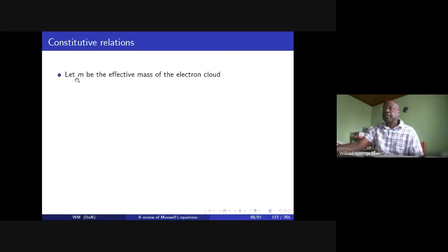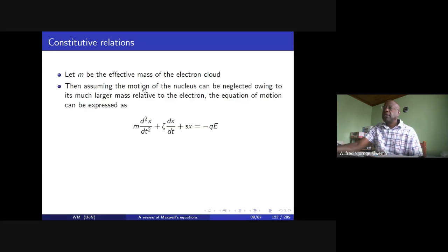So let m be the effective mass of the electron cloud. We are not saying it's one electron, but it's a cloud of electrons in that atom. And we take the collection to have a total mass of m. So if we assume the motion of the nucleus to be small, because of their larger mass relative to electrons, then the equation of motion can be expressed in that form.